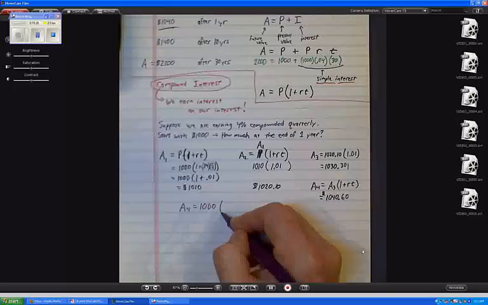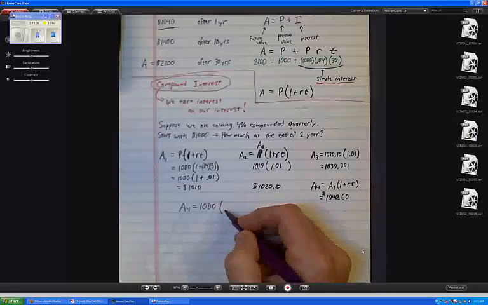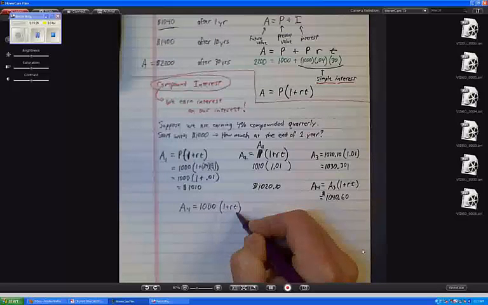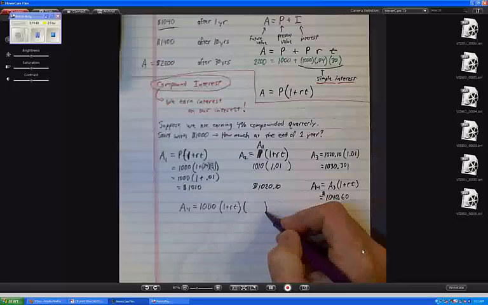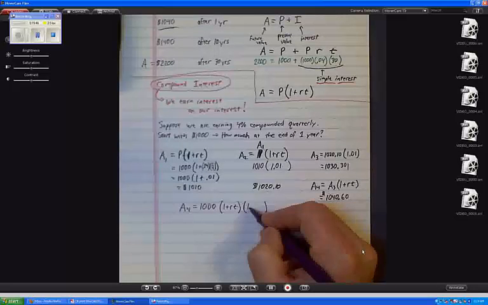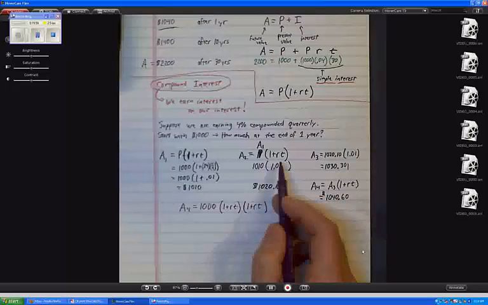I multiplied by what? Well, 1 plus rt. Remember that? And then I multiplied by what? Didn't I multiply by 1 plus rt again to get that? Do you guys follow that? Etc.